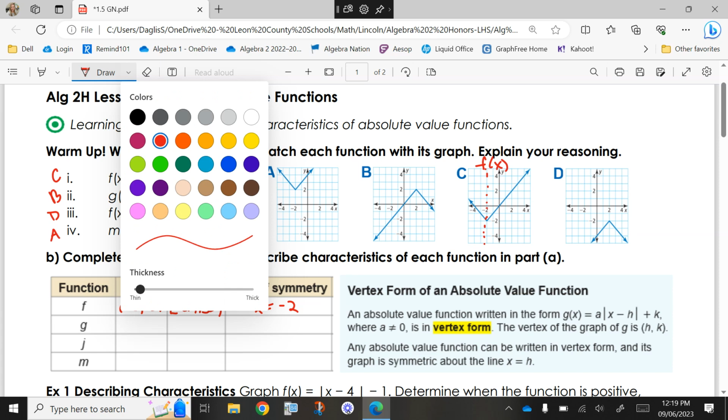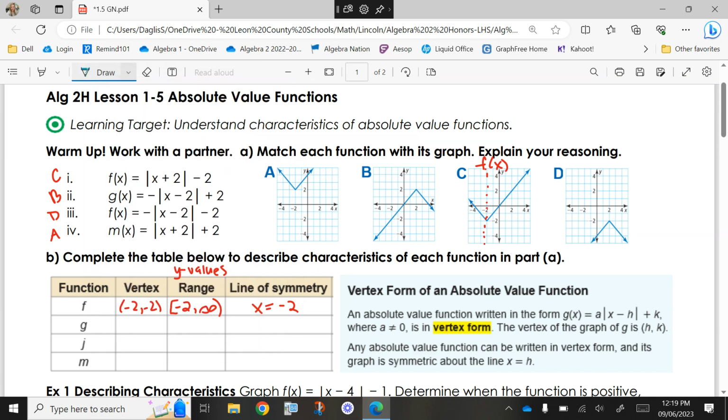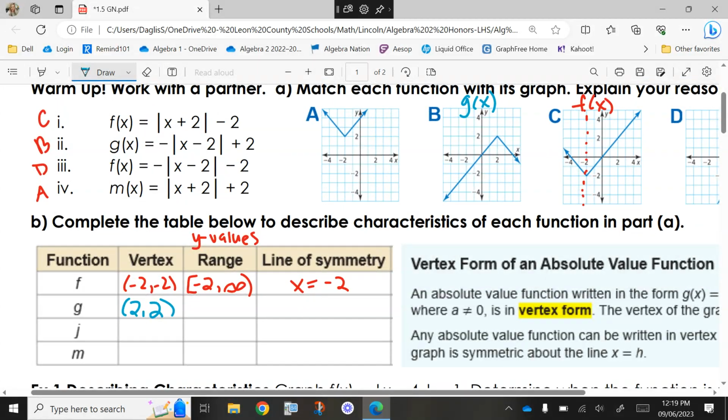All right, how about G? What is our vertex for G? And that is referring to this graph right here. It is +2, +2. Yep. How about your range? It's what? I said it was 2 from infinity. Almost.